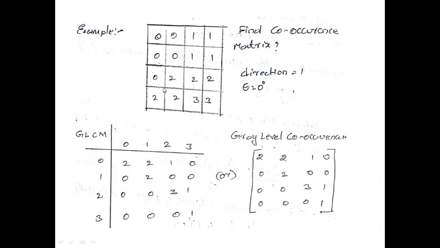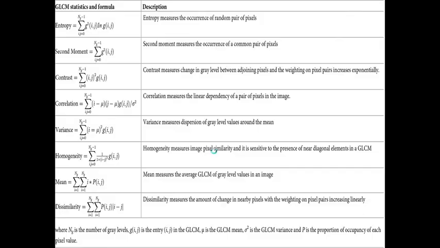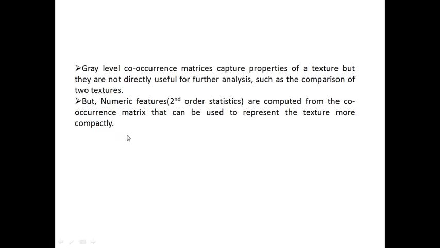This is the example, by which one can find out what texture is present in the testing image, and by doing the comparison one can find out or classify what object is present inside the testing image.